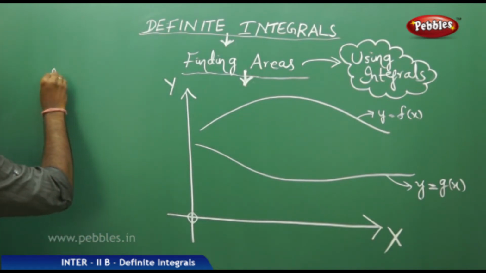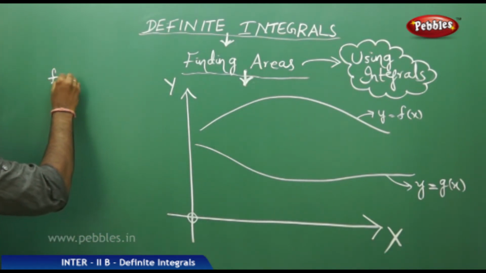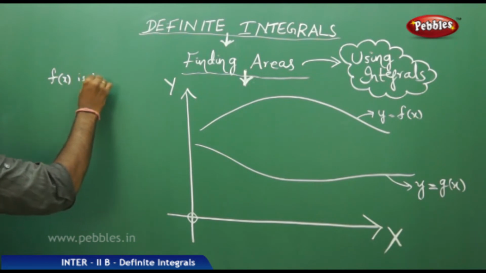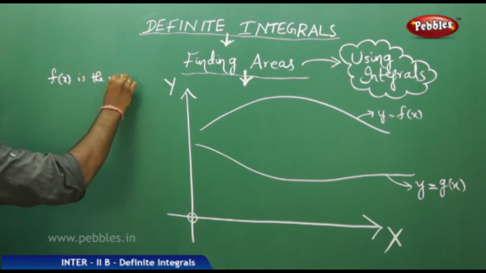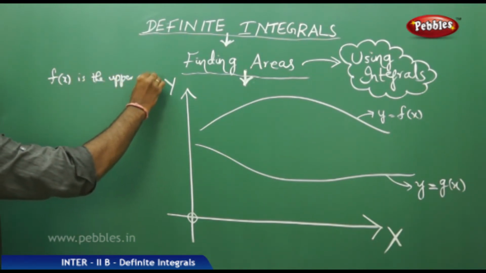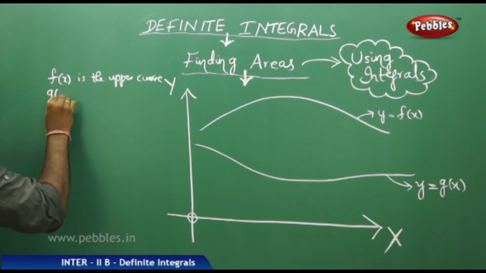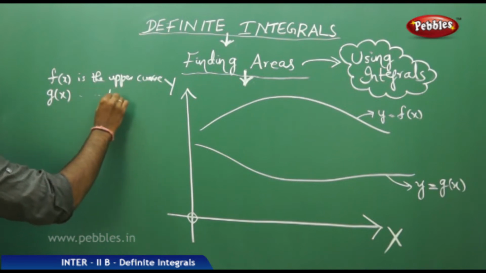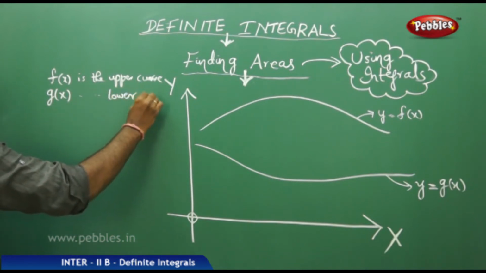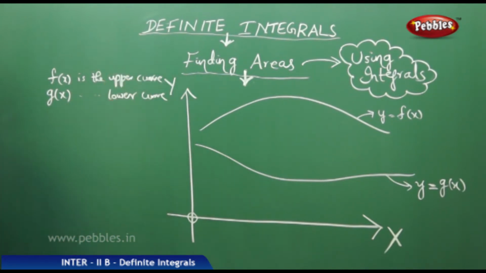So we say that f of x is the upper curve and g of x is the lower curve.